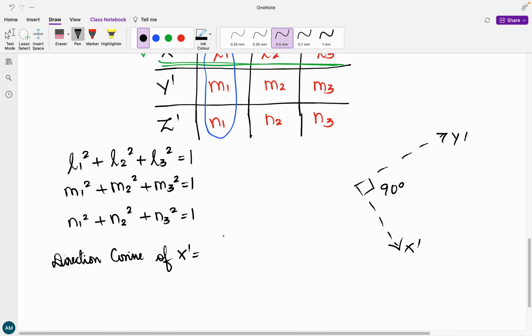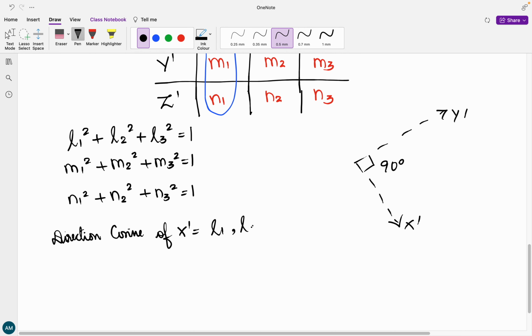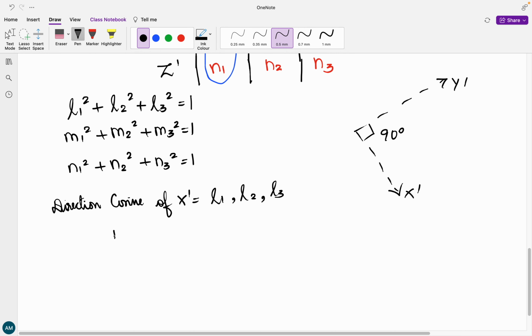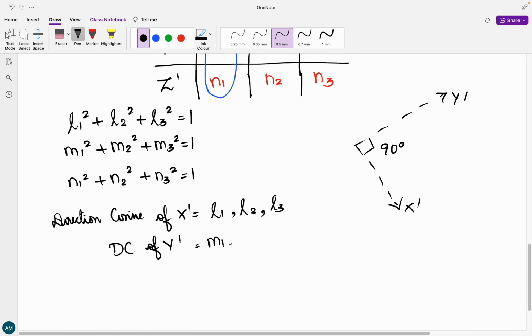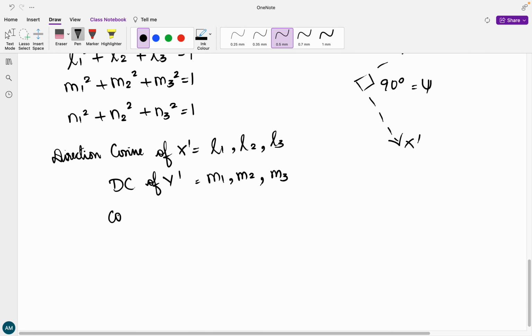L1, L2, L3. Direction cosine of y dash. Direction cosine is usually written as DC. Okay. Direction cosine of y dash is M1, M2, M3. Now, say if I represent the angle between x dash and y dash as psi.